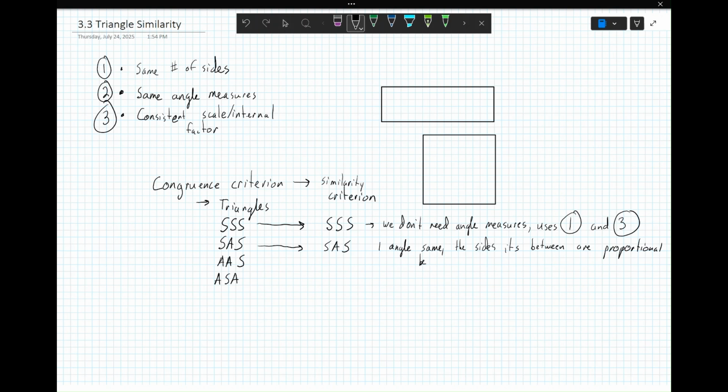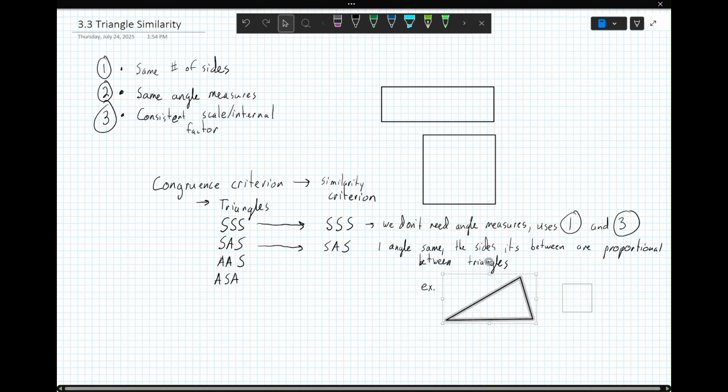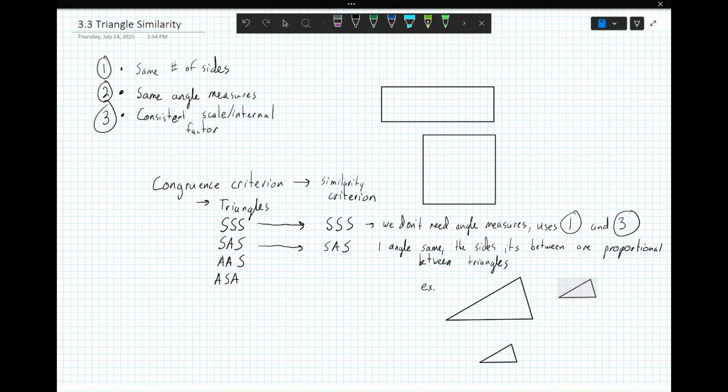So let me give an example of that. So let's have this thing create a nice little triangle for me. And let me create a similar triangle here. Now, this smaller triangle, let's say that we know between these two triangles, both of them have a 30-degree angle. And I don't know exactly how long these are.